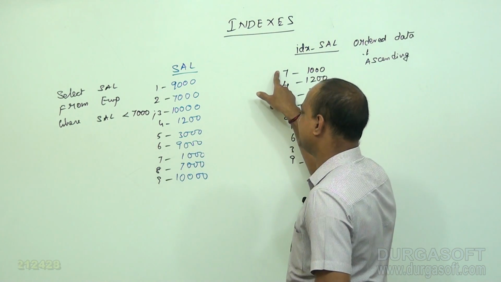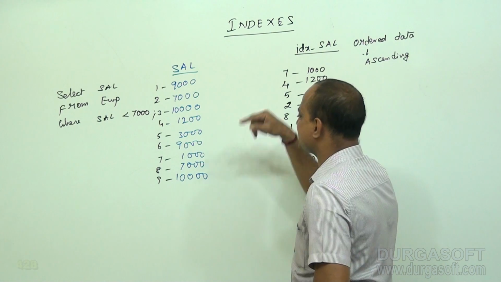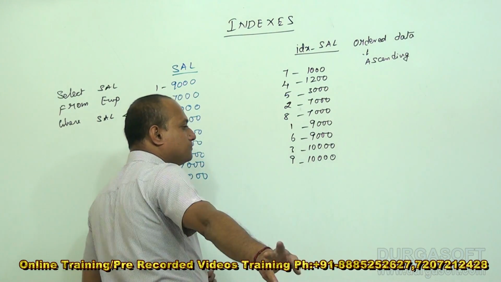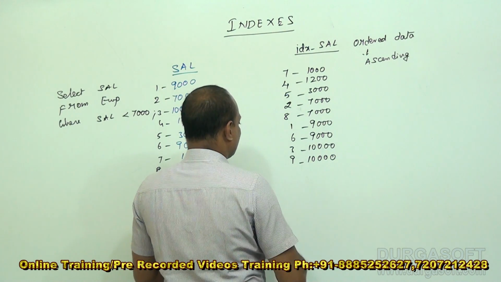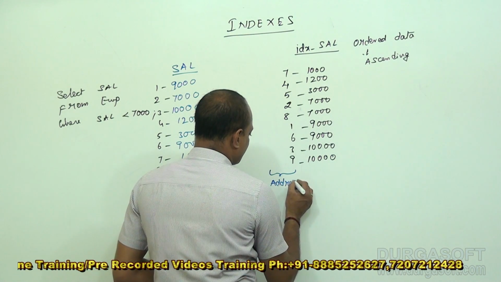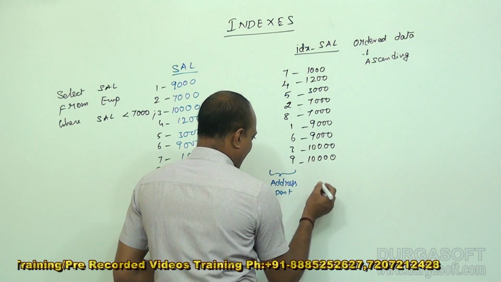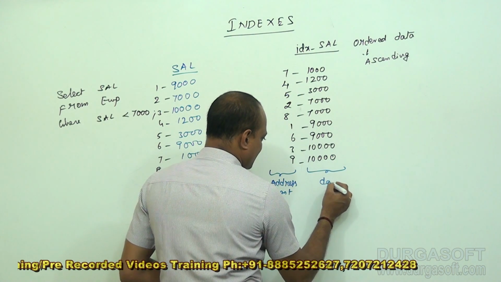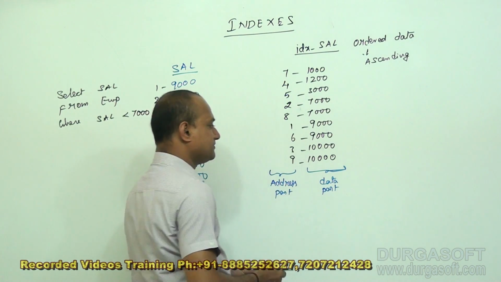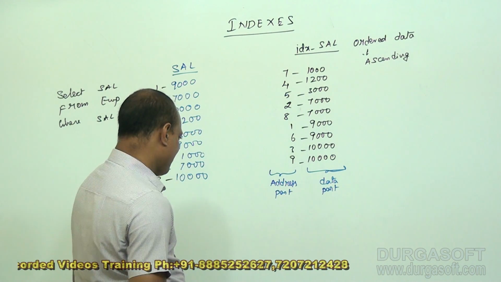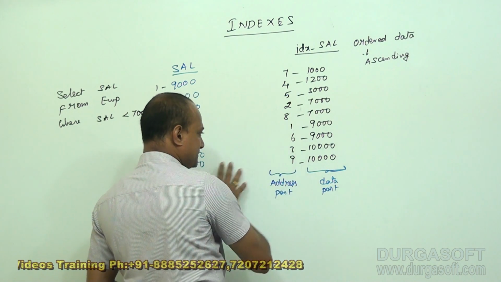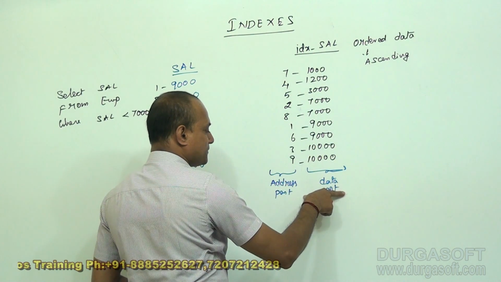Let us assume temporarily the address is 7. So the index has two parts: this is called the address part, and this is known as the data part. Remember that.